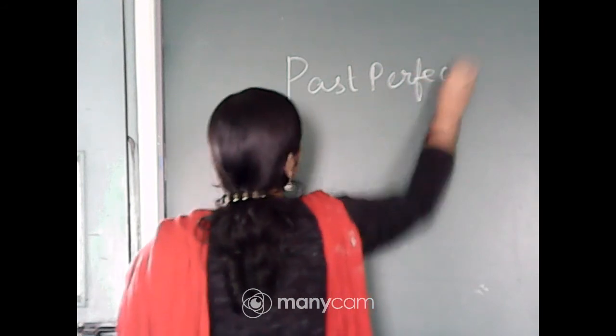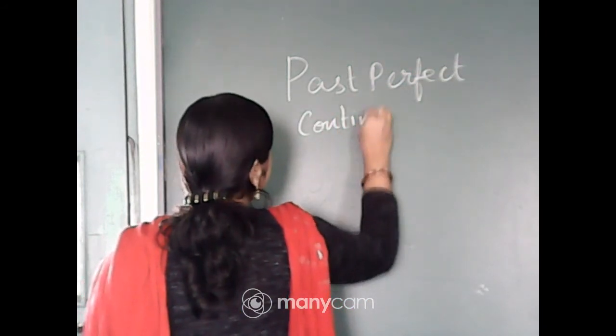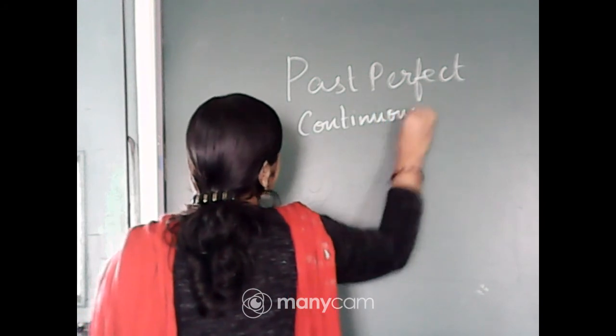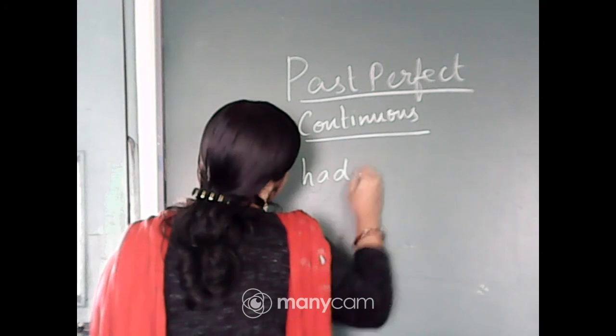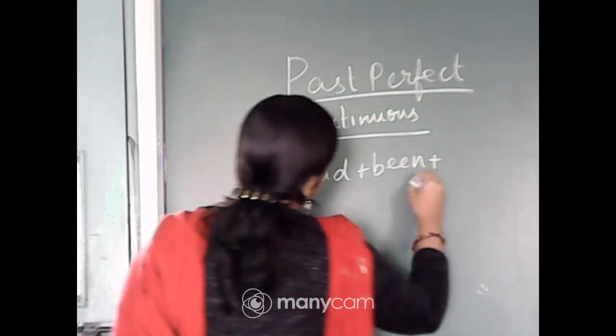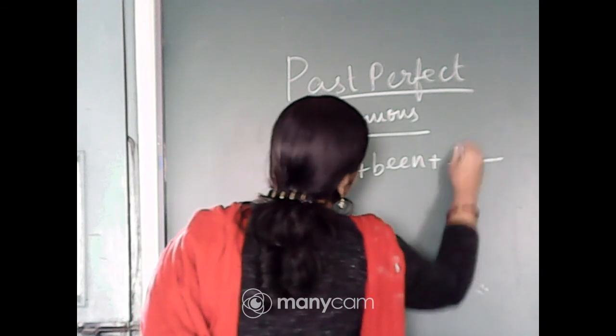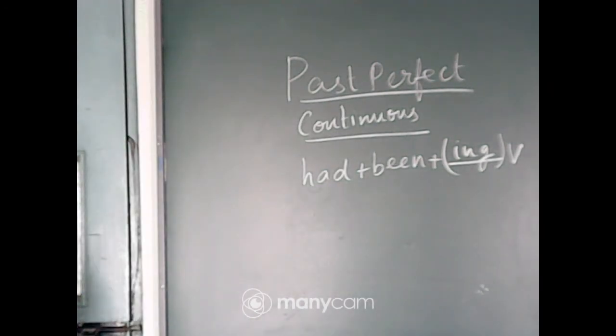Past perfect continuous tense is used for a specific purpose. The form is had plus been plus ing form of the root verb. Okay, this is the formula. Yes, correct. You have written the correct answer.